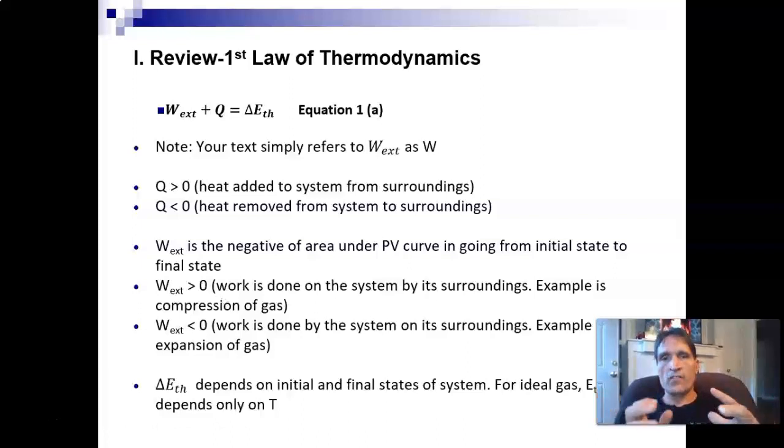For example, the gas is compressed, that's positive external work. And work done on the system, the external work, is negative if the work is done by the system on its surroundings. For example, when a gas expands, the external work is negative.